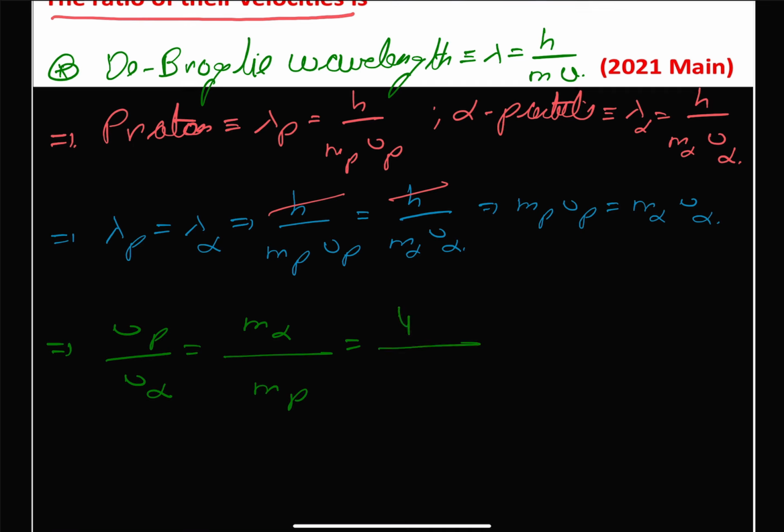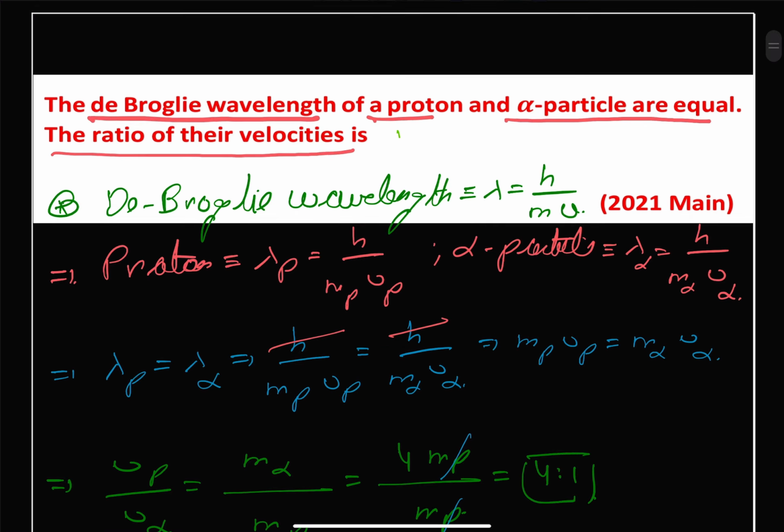So we can write this as 4 times mass of proton divided by mass of proton. The proton mass cancels out, and this comes as 4:1. So the ratio is 4:1. Next question.